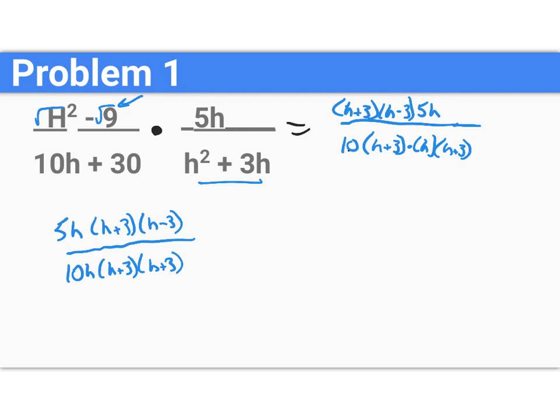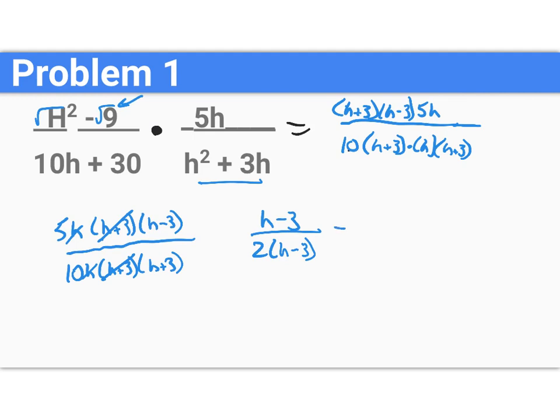That's one thing about multiplication. There's a property, I went over that in numbers and operations. We can see our h plus 3 cancels out, our h cancels out, and 5 over 10 is 1/2. So we get h minus 3 all over 2 times h minus 3.